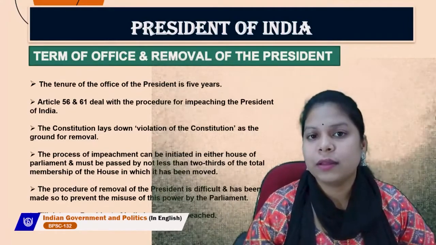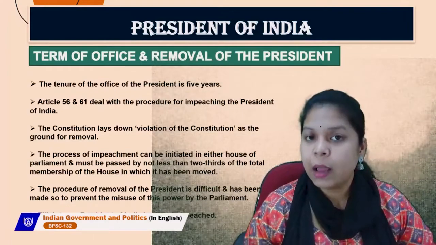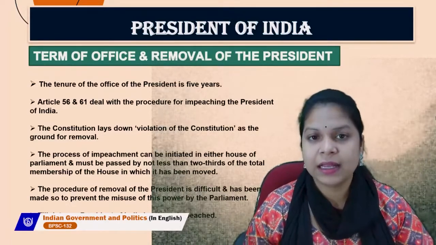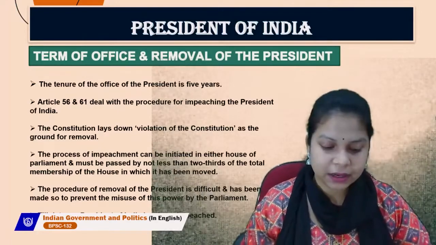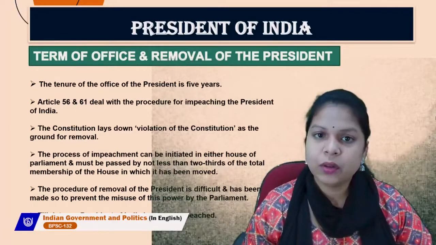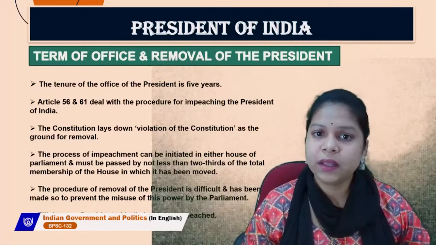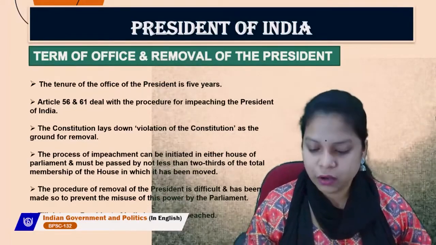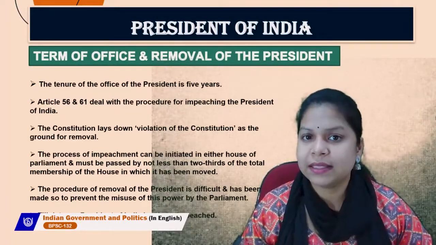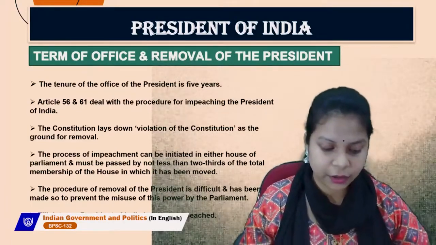Here also the president is head of the state, but the real executive power lies with the prime minister, who is known as the head of the government. So the government is accountable to the legislature because it is related to it, and the legislature decides about the executive.